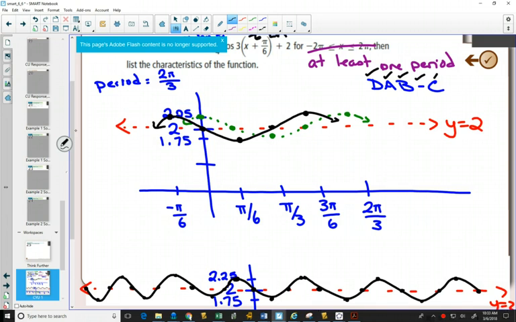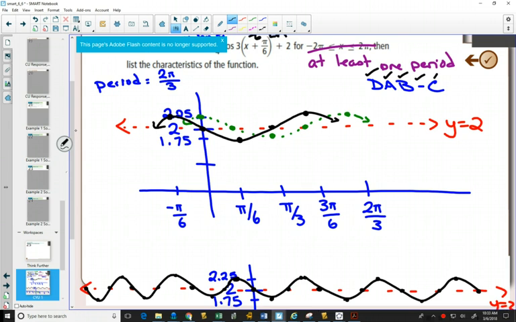B helps us find our period, so we would say our period is 2 pi over 3. There's a phase shift of pi over 6 to the left. Other things we could use to describe this, we could say the domain is everything. We could say the range goes from 1.75 to 2.25. So those are some of the characteristics of this graph.